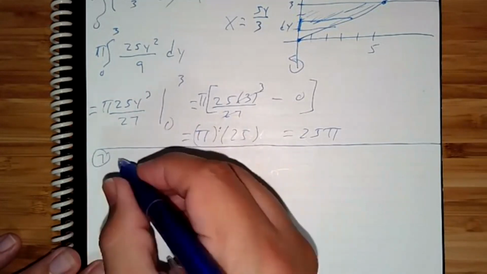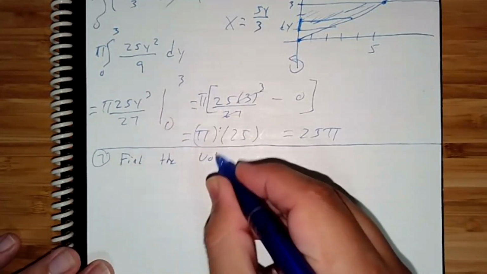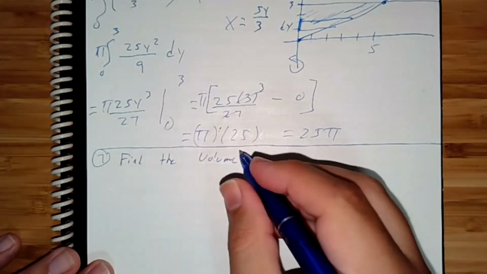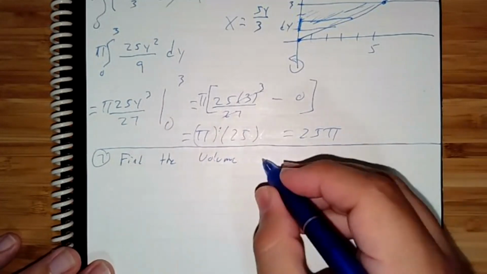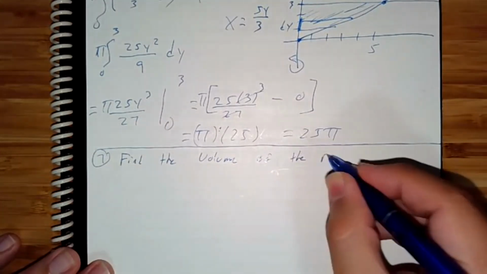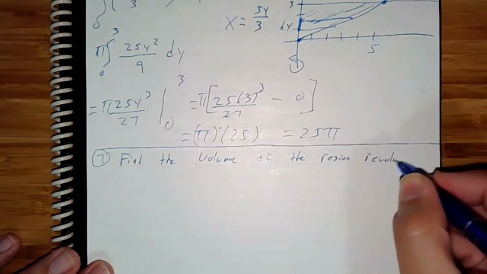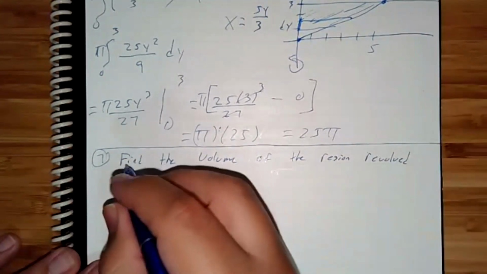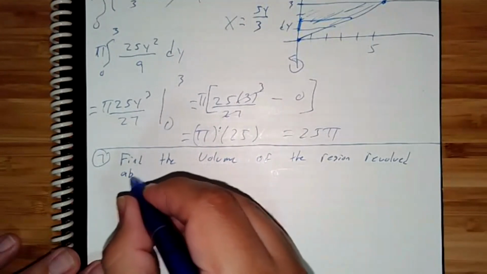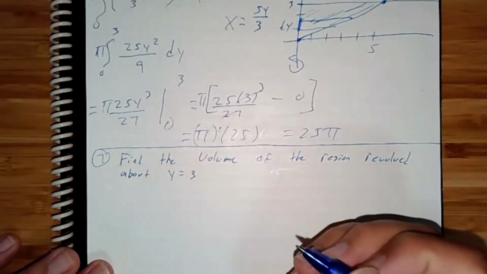Number 7, find the volume of the region revolved about y equal to 3.